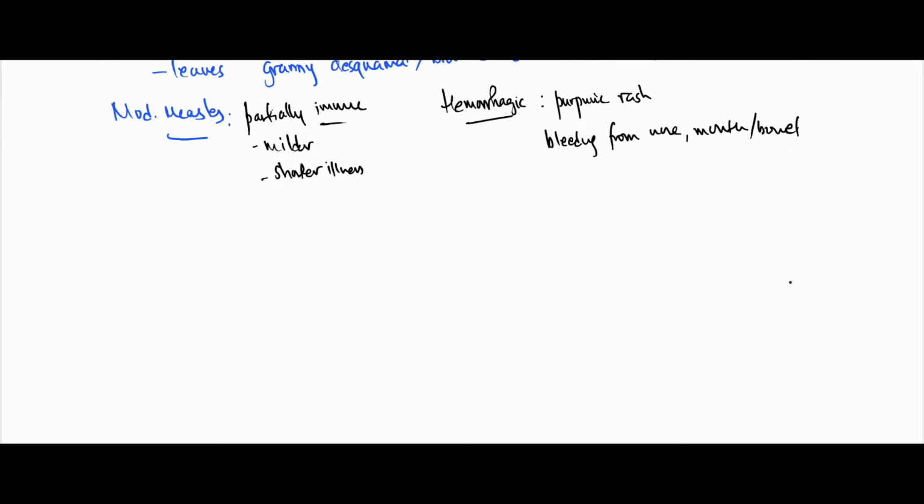Now we go on to talk about the complications. So what are the complications of measles? There is widespread mucosal damage and significant immunosuppression, which cause the complications seen with this viral infection.